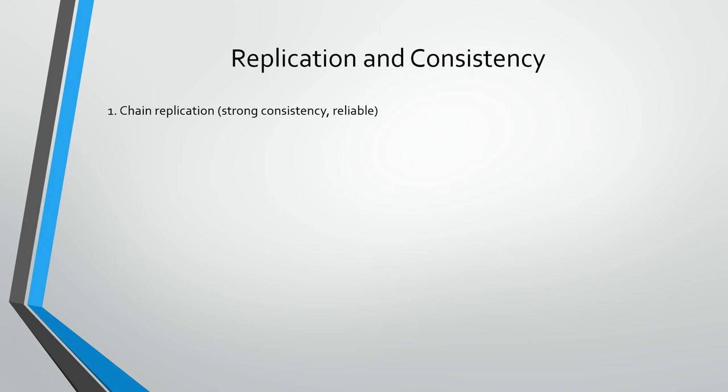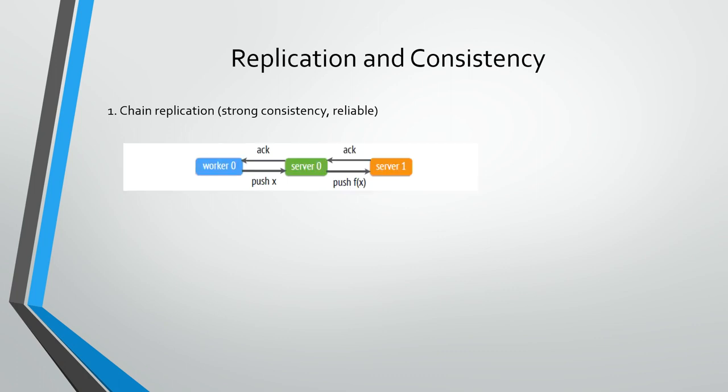As you can see in this picture, the update can only occur at the head node, and then the update gradually moves until it reaches the tail node, and the tail node confirms the update success to the customer. In order to ensure strong consistency, the customer query can also be at the end node.